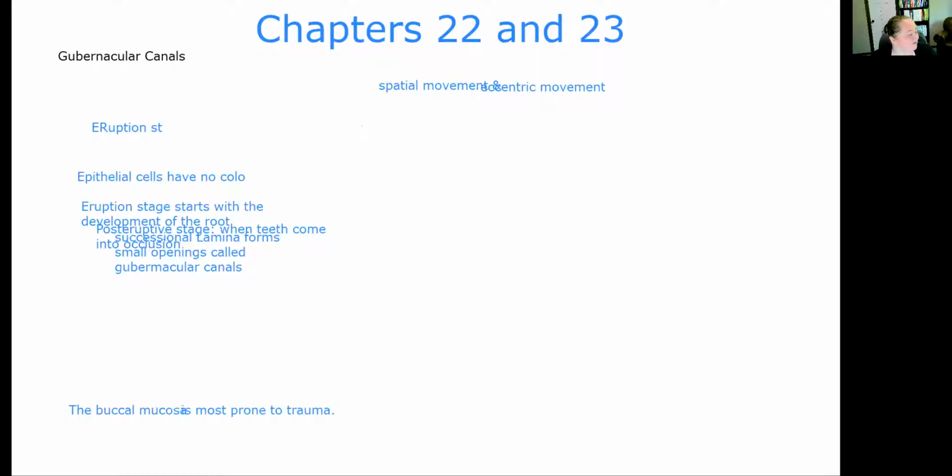Very good. Pink is healthy tissue. Red is diseased tissue. Very good. Tooth itself does not play a big role in eruption. Very true.